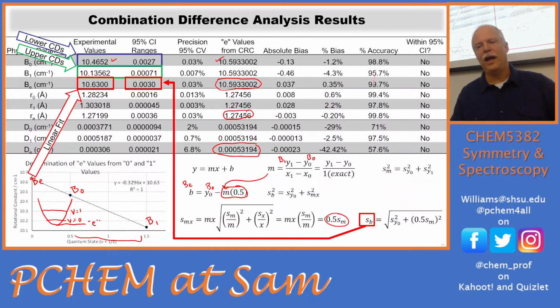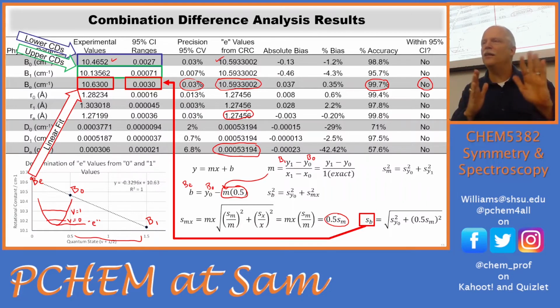So we look at our accuracies. We got 99.7% of the literature value. But it's so strange. Our precision is so tight, okay, that the literature value is not within our confidence intervals. So again, there's some bias in our spectrometer or something that's shifting us just ever so slightly off.